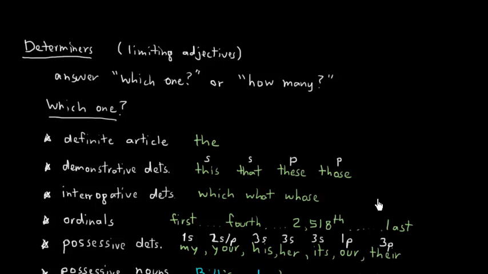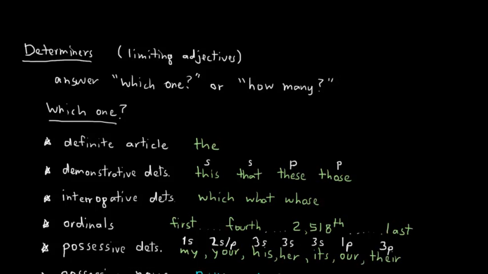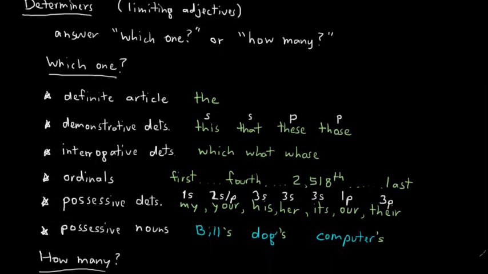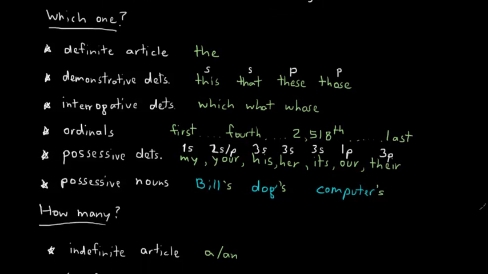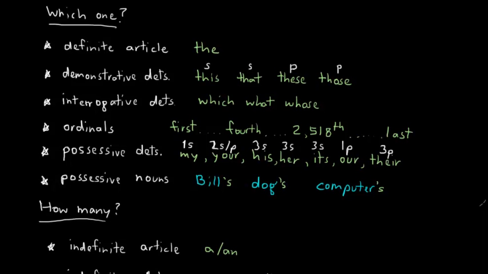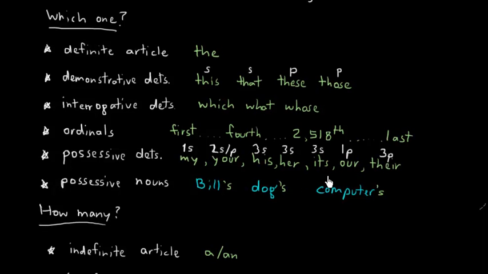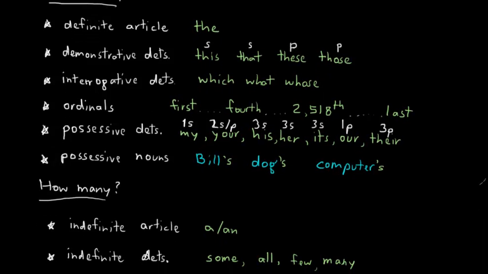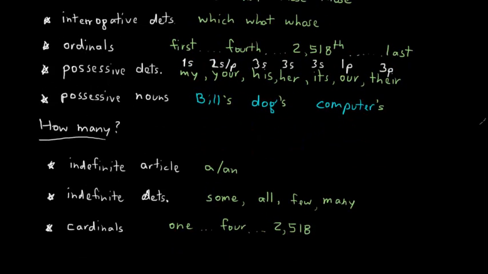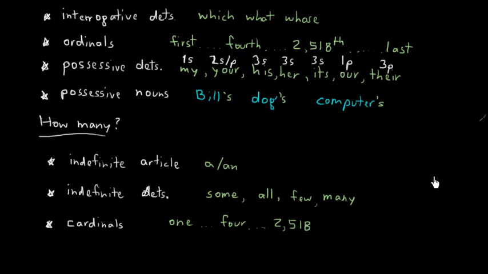Which, what, and whose can be used as interrogative pronouns. The ordinals, first, fourth, can be used as nouns. The possessive pronouns are a little different, although his and its can be used as possessive pronouns. The indefinite determiners can be used as pronouns, and the cardinals can be used as nouns.